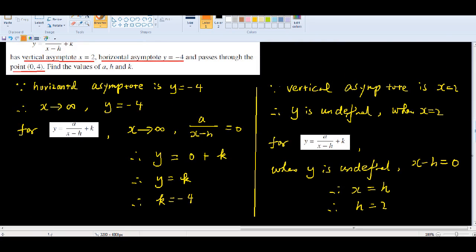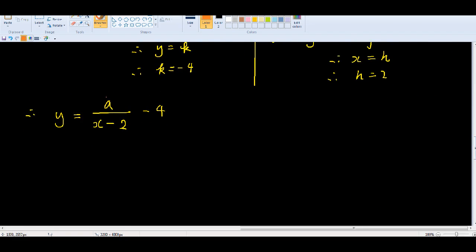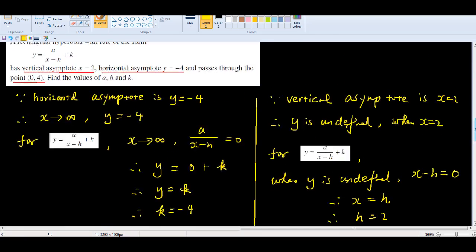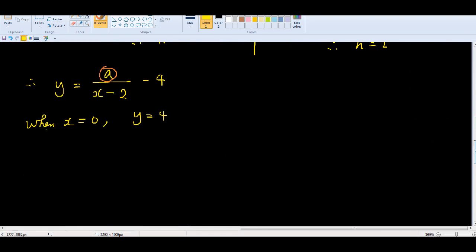It's given that the curve passes through 0, 4. When x equals 0, y equals 4, right? That's the given condition. So we make 4 equal to a over 0 minus 2, minus 4, and that will be a over minus 2 equals 8, so a will be minus 16.